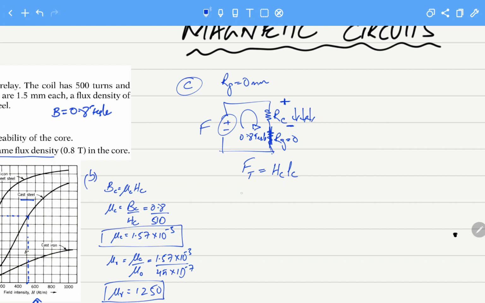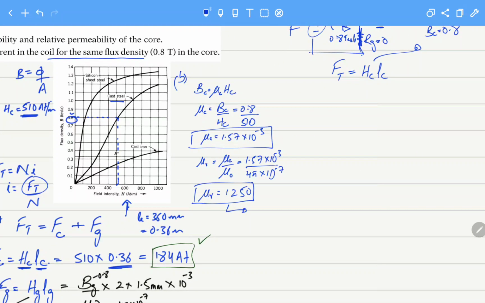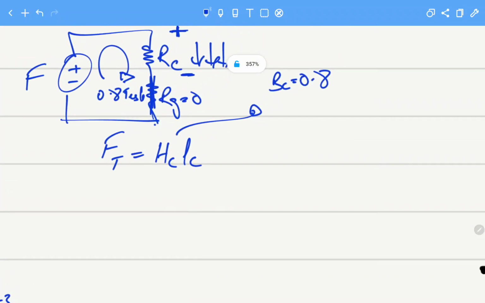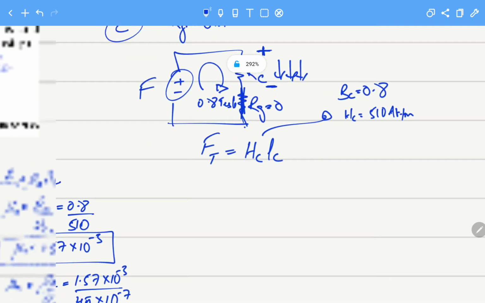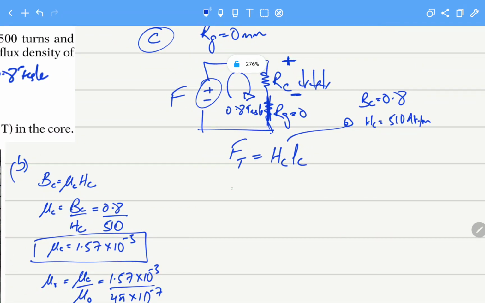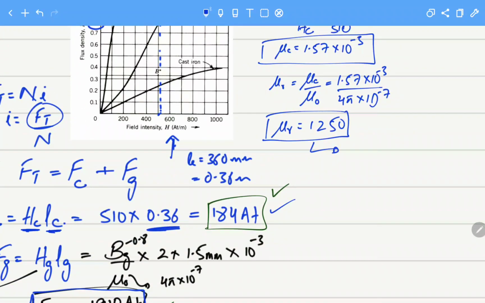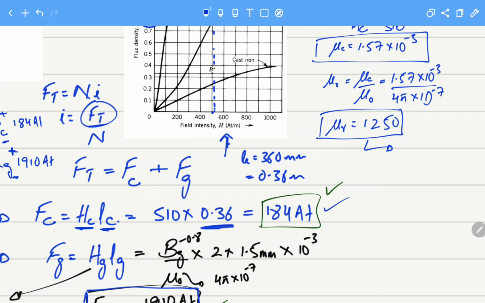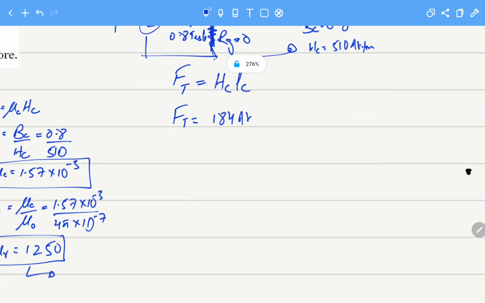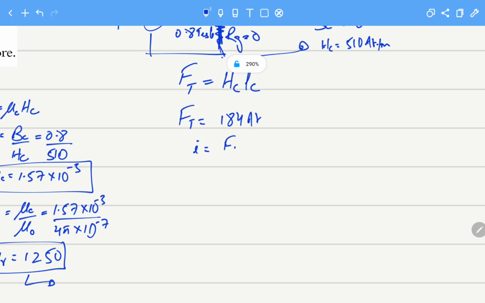From the graph, for BC equals 0.8, we have calculated HC was 510 turns per meter. So it becomes 184 ampere turns. In this case, when the gap is 0, it is only asking for 184 ampere turns. And I will then be Ft over N, that is 184 ampere turns divided by 500.